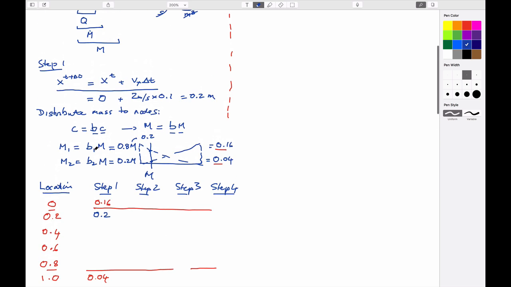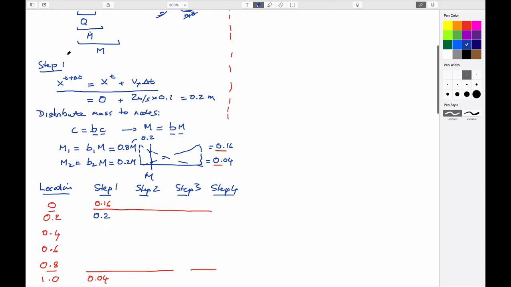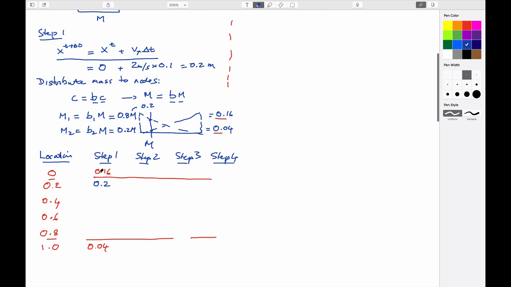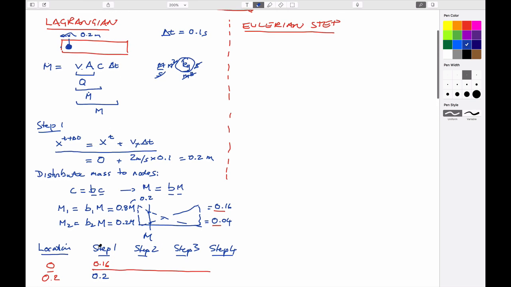So that's the blob that we have, which is of mass 0.2 kilograms. It sits here, but we're just distributing its impact between the two locations, one upstream and one downstream, and we note that these values add together to equal 0.2. So mass is conserved in some way. All right, so that is the Lagrangian part.